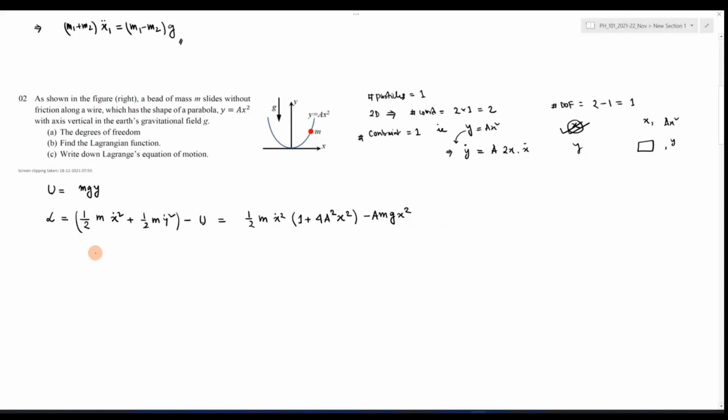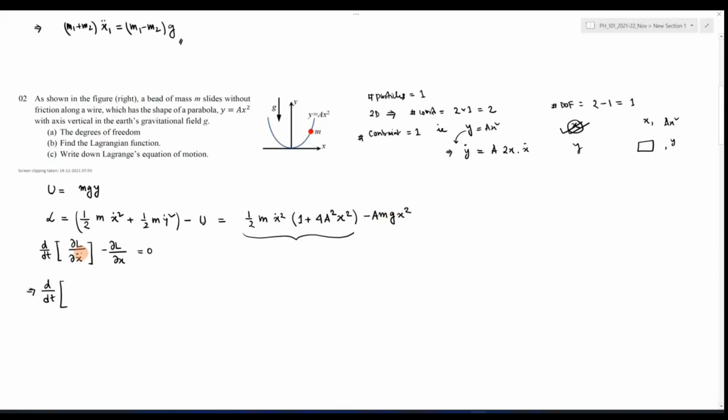Now to write the Lagrangian equation, which is d/dt of dL/dx dot minus dL/dx equal to 0. For that, first we will write dL/dx dot. You see which term is having x dot? Only this term. This term will contribute 0 here.